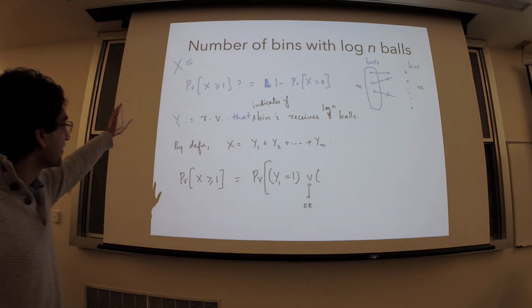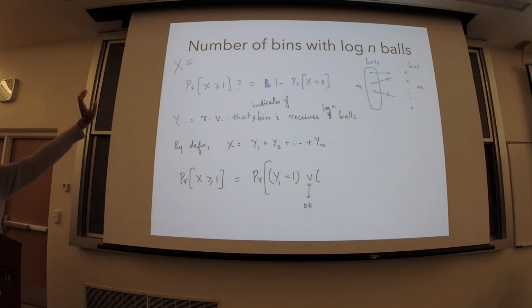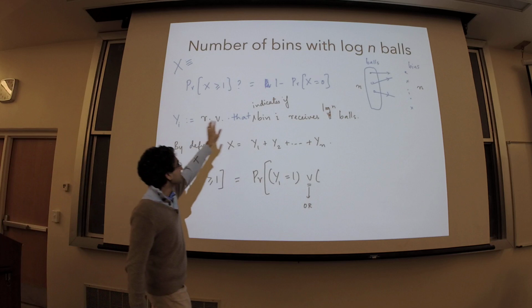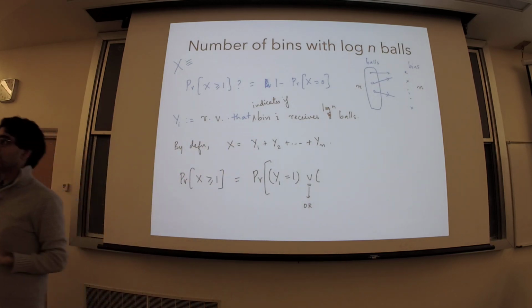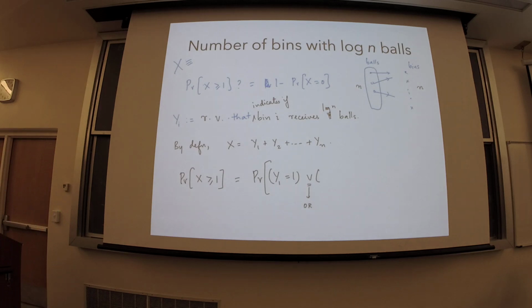It's always a binary random variable, and it indicates whether bin i receives a ball. This is exactly the same as last time.